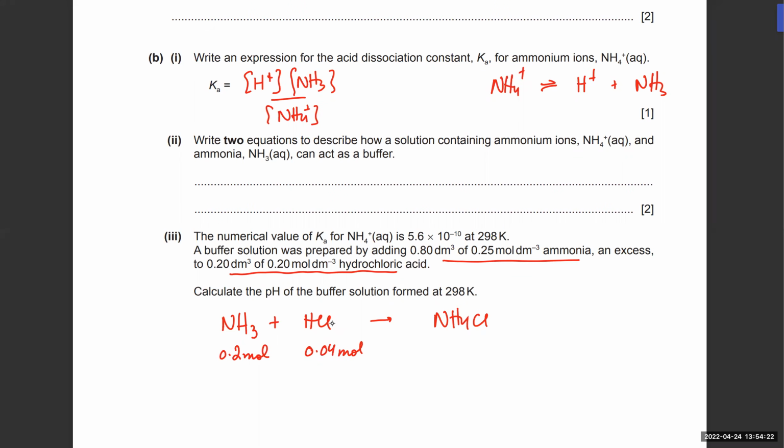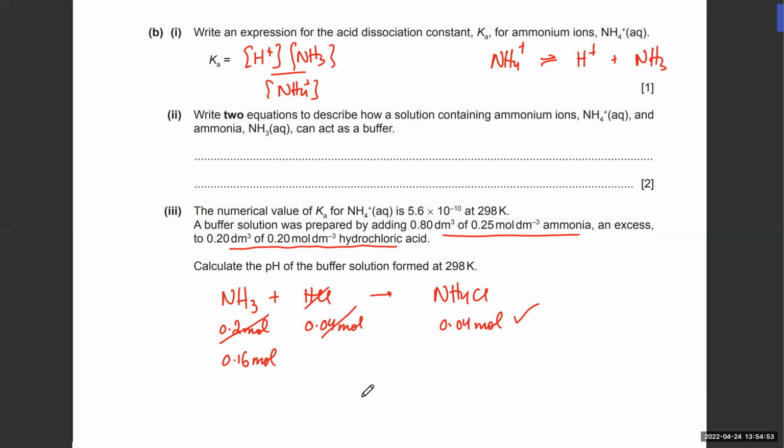So it means which one is in excess? 0.04 is going to react. Okay. And it will react with how much? 0.04. So if it reacts with 0.04, how much NH3 is left? That's 0.16 moles. Okay. So 0.04 is going to react with 0.04 and it will produce 0.04 moles of NH4Cl. You clear?